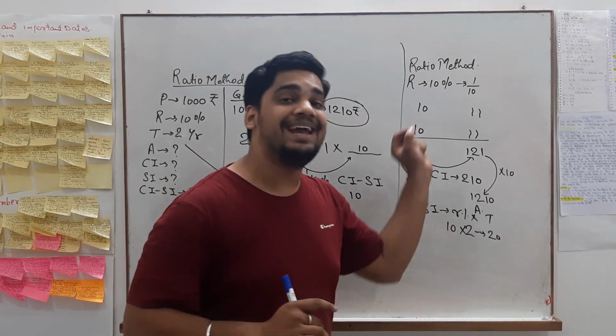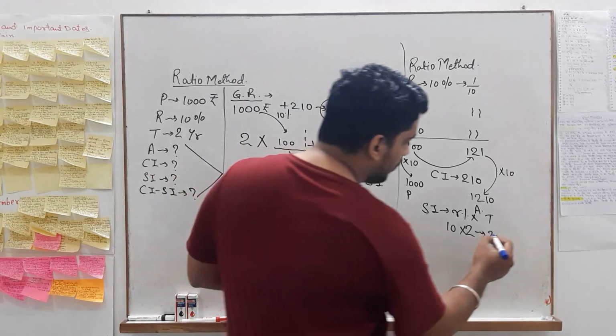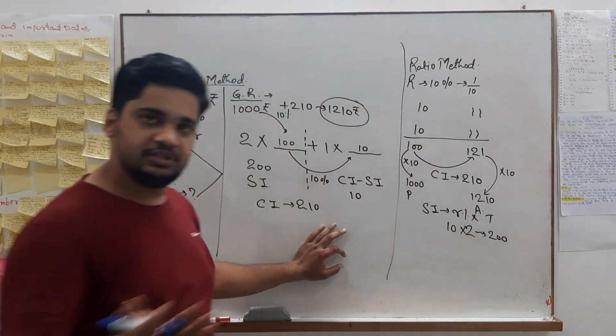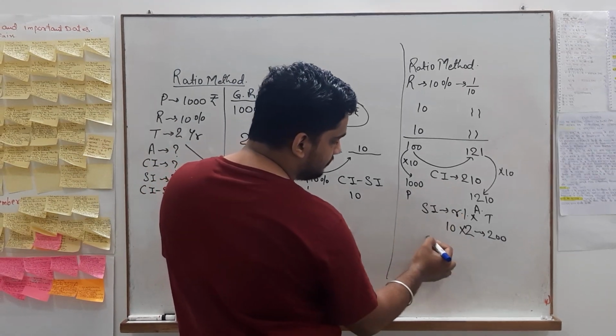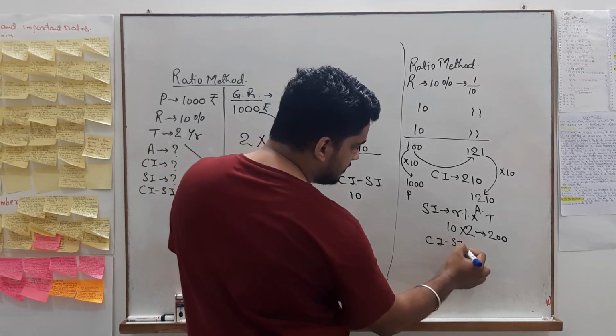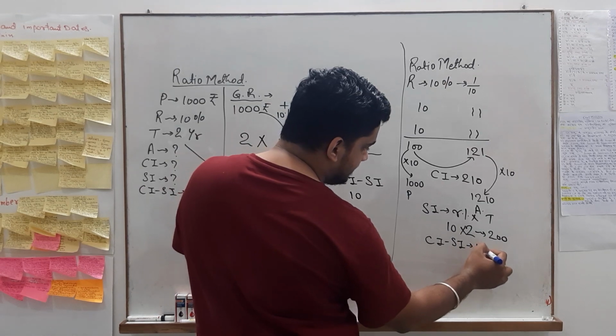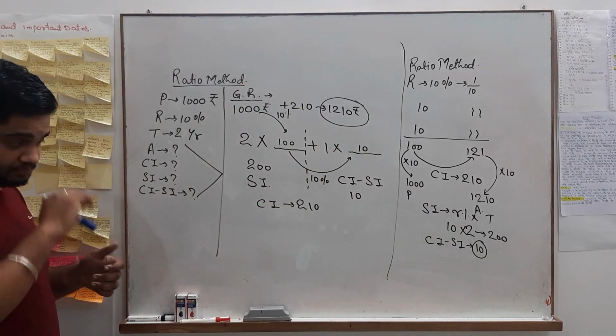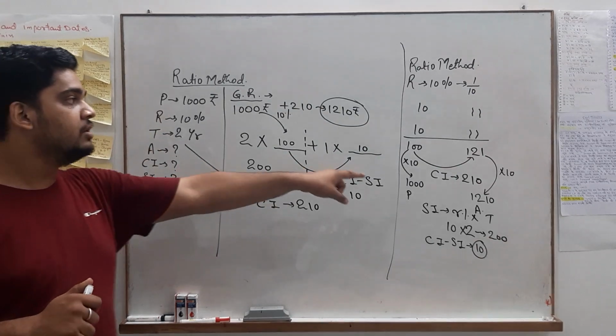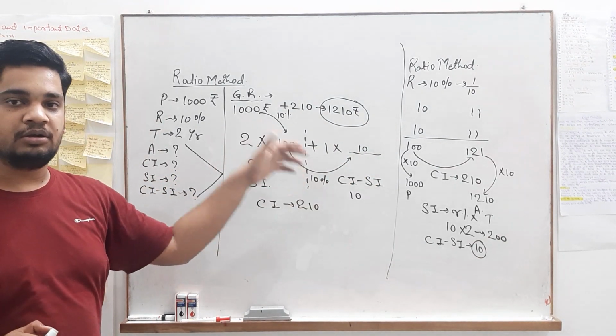We have to take its 10 times, right? So what will it become? 200. Simple. Now, what is the difference between CI and SI? Check. We have completed all the questions which are asked in this particular question.